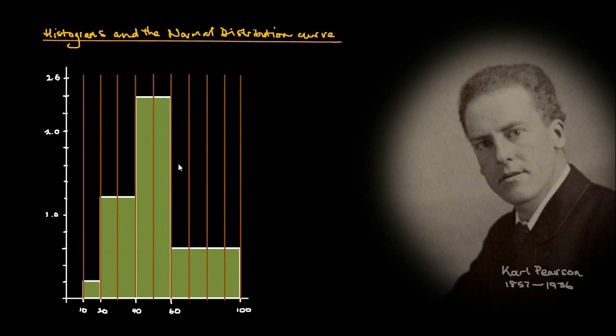We're going to go up to here, and again I've prepared a curve that I've drawn earlier because it's actually quite a difficult thing to draw, and I'm going to superimpose a 10 bin normal distribution curve now over the top. So that's certainly moved it a little bit to the left.